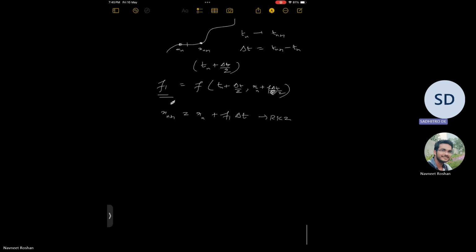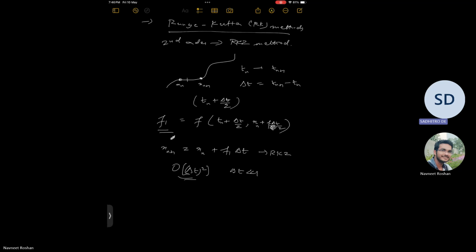And because it is second order in time, the errors in this method are of the order of delta t square. Since delta t is usually chosen to be much less than 1, the accuracy of the method is much more improved than the first order method. But usually when we have to solve chaotic systems, we need a high order of accuracy.